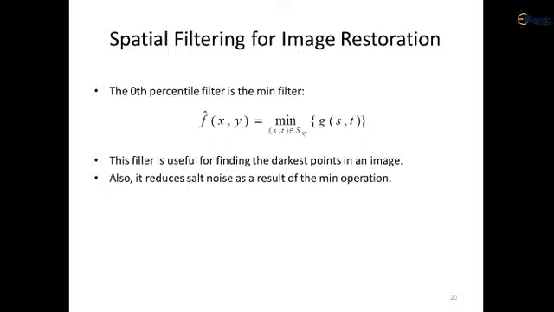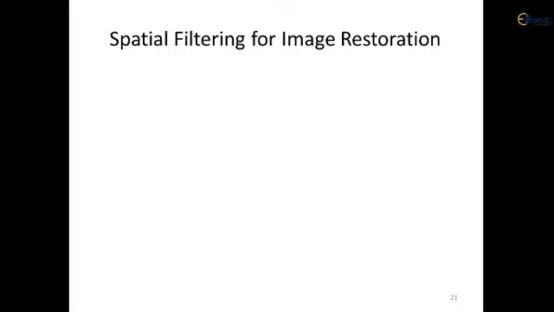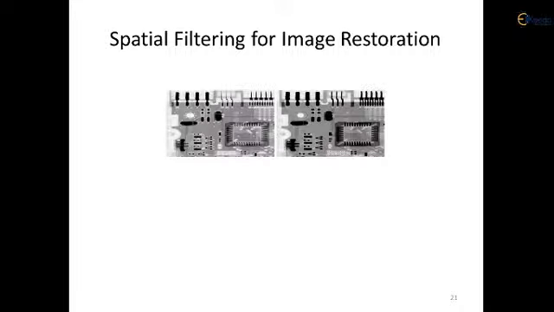Now let us see the effect of the maximum and minimum filtering on the image affected by the pepper noise and that of the salt noise. So here we take two images. Here is the first image, which is affected by pepper noise having density 0.2.